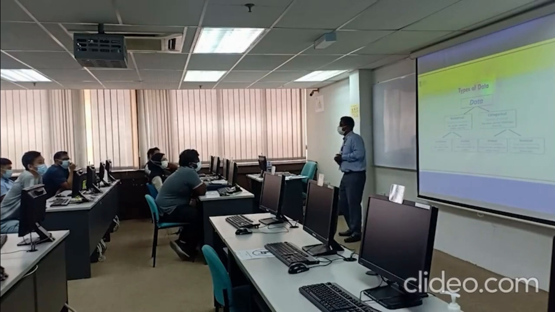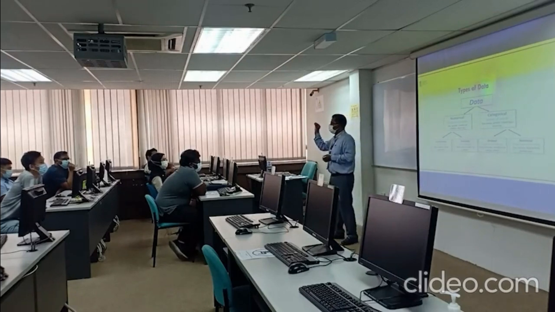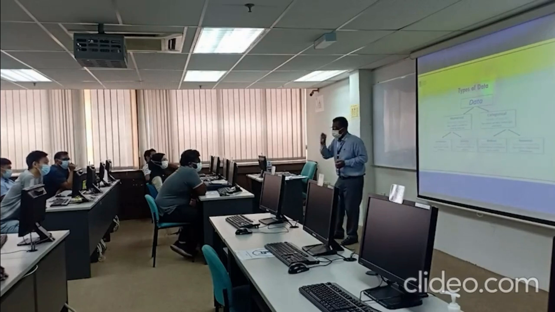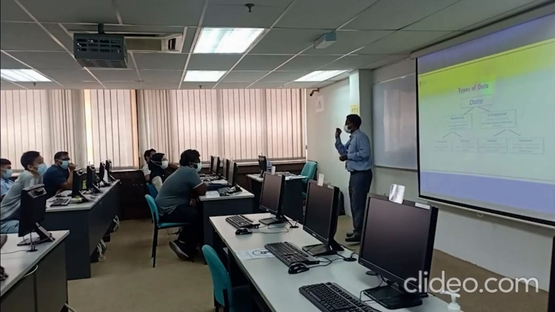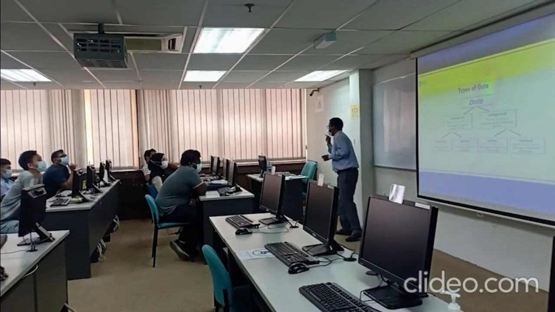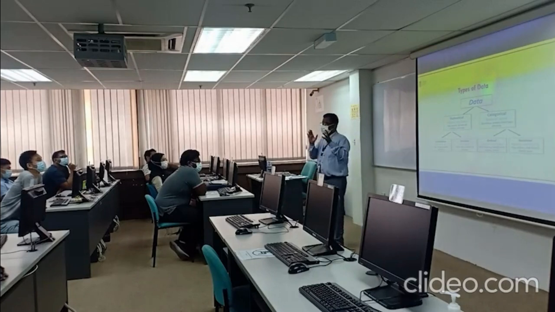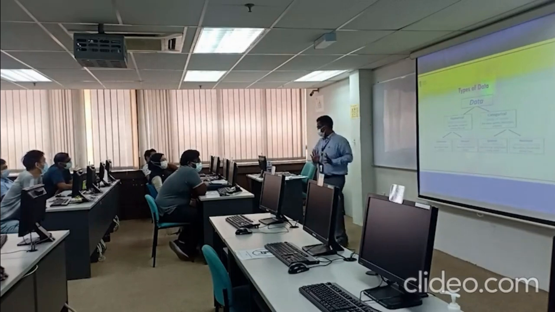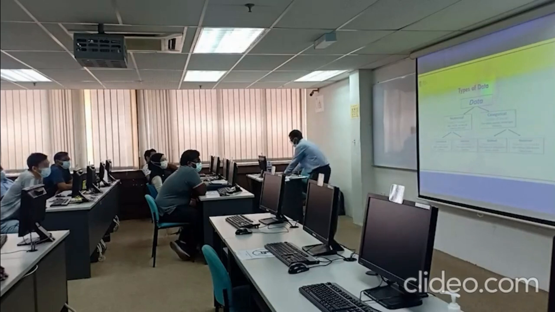Discrete data: number of people attending a clinic, number of students attending a class. All these are numbers that are counted. They are known as discrete variables. So please remember, continuous variables are measured, discrete variables are counted. Can you remember that? Continuous and discrete.